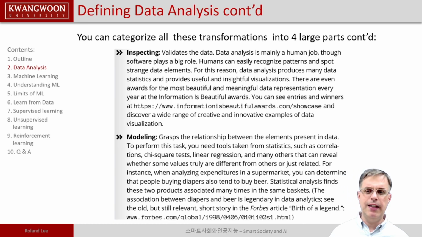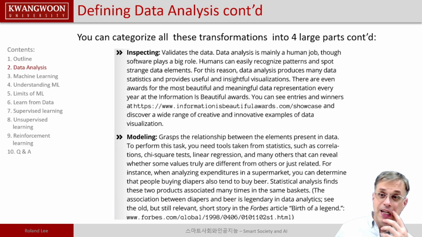And the next is modeling, so grasping the relationship between the elements represented in data. To perform this task, you need tools taken from statistics such as correlation, chi-square test, linear regression, and many others that can reveal whether some values truly are different from others or just related.